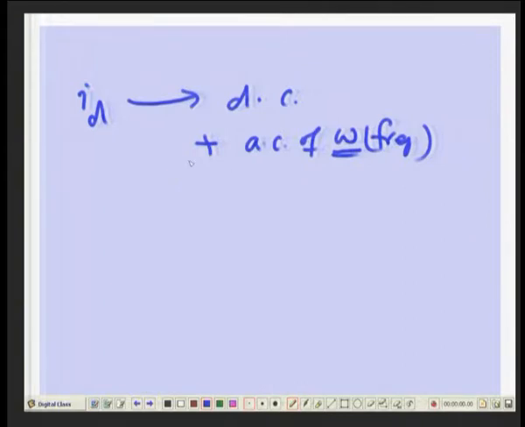This is a sinusoidal component, and IQ also will have, it has no DC. So, it is only AC of omega.